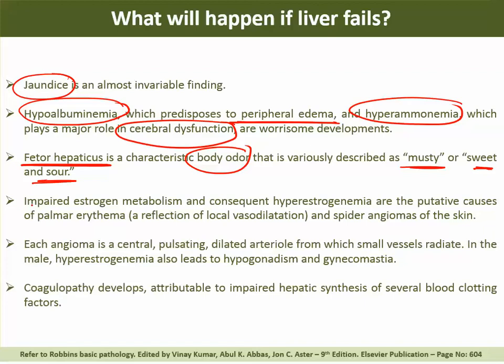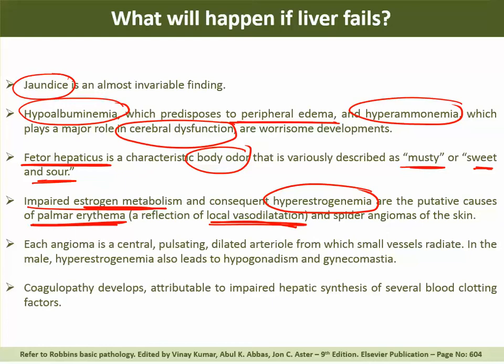They also have impaired estrogen metabolism. That will increase the estrogen level, and that leads to palmar erythema due to local vasodilation. In hyperestrogenemia, all the peripheral vessels vasodilate, and the patient, especially in the palms, will have very reddish palms.